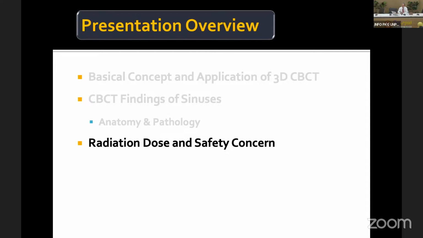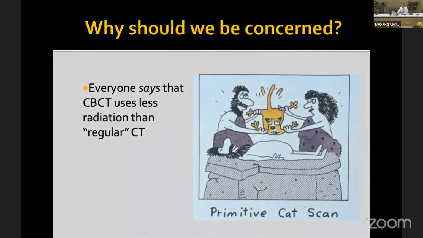Those practices really cause concern, because CBCT in general still has a higher radiation dose than the panoramic radiograph and the intraoral radiograph. So we have to consider radiation safety.